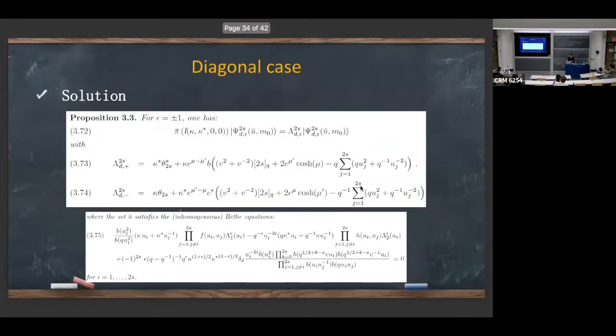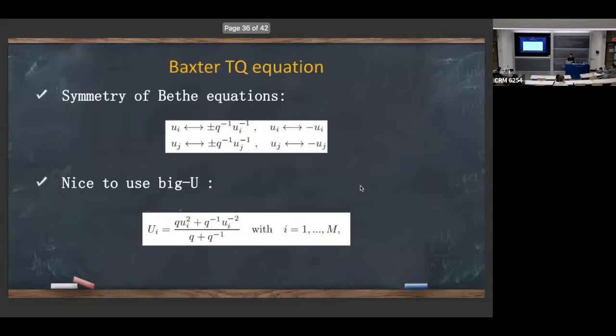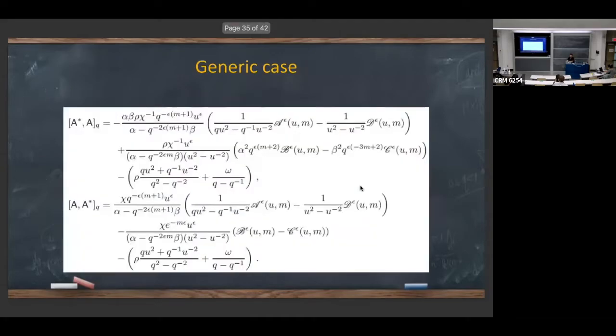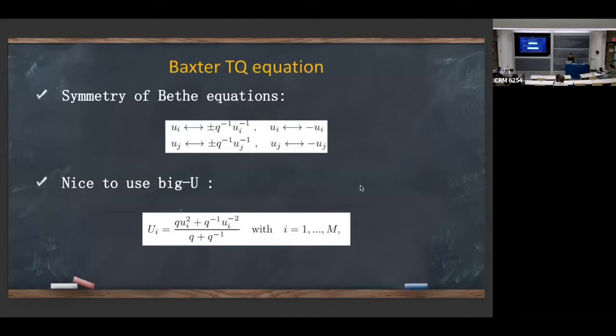Okay, now let me move to the Baxter T-Q equation. Let me first mention that these Bethe equations that we just wrote have some nice symmetry. You can replace u_i with plus or minus q^-1 u_i^-1, similarly for u_j, and also u_i with minus u_j.